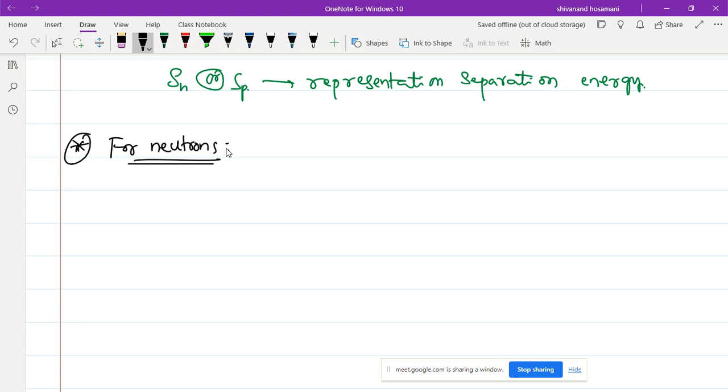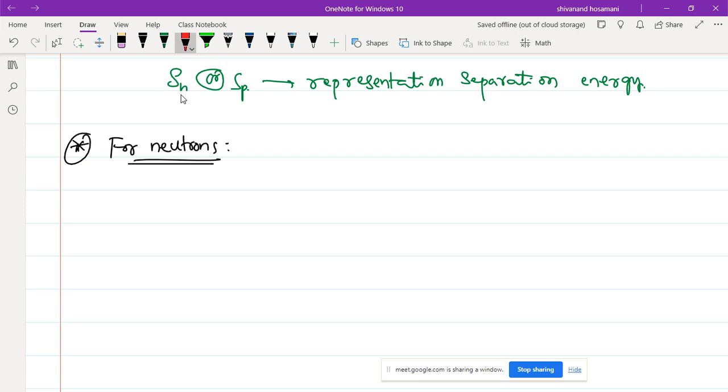For neutrons, the separation energy of the last neutron is also equal to the energy released when the nucleus captures the neutron to form a higher isotope. This separation energy is equal to the energy released during its capture.